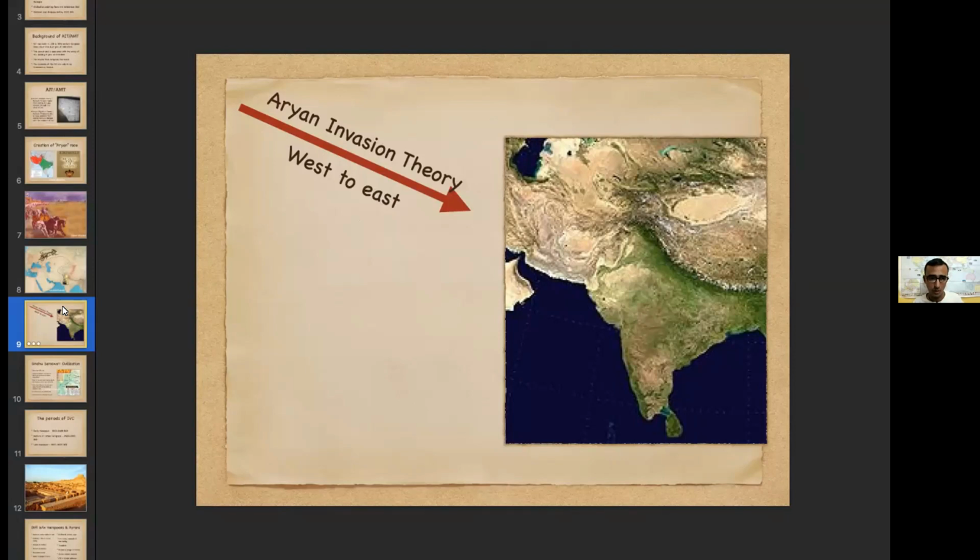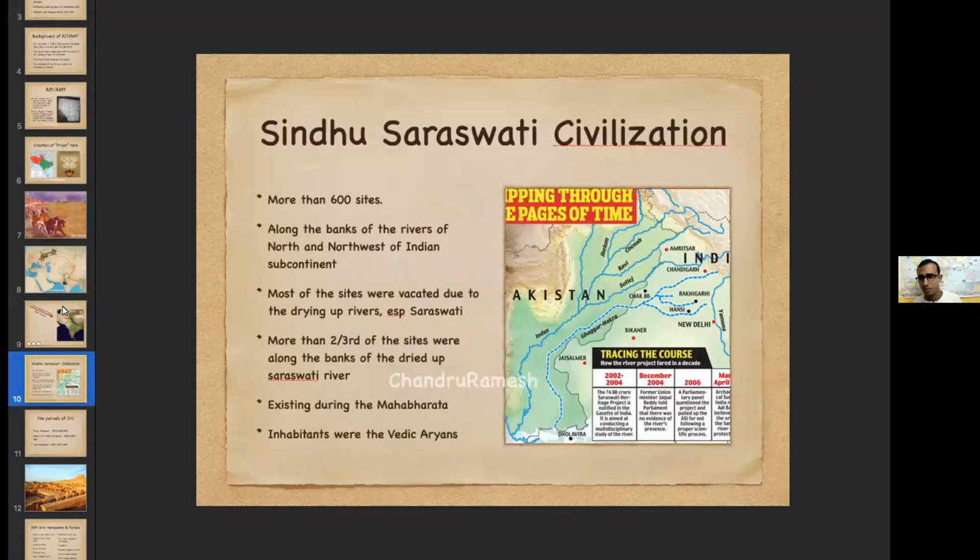So coming to the Indus Valley civilization, typically it should be called the Sindhu Saraswati Sabhyata, Sindhu Saraswati civilization, because I showed in the last class how in ancient civilizations people used to live on the banks of the rivers. And interestingly, the Saraswati river has dried up. There was a river called Saraswati in ancient times which had dried up.